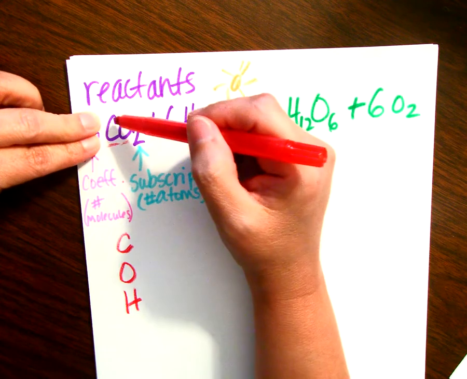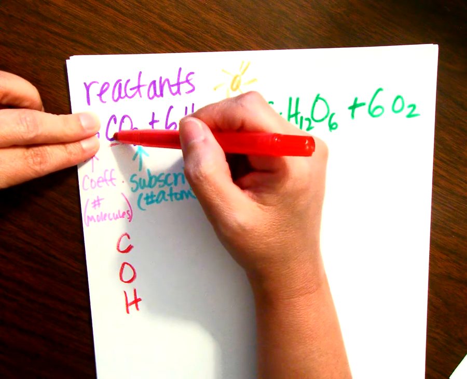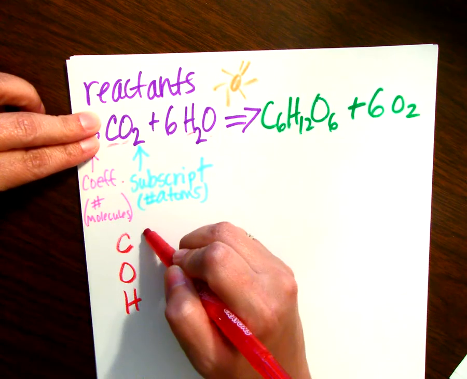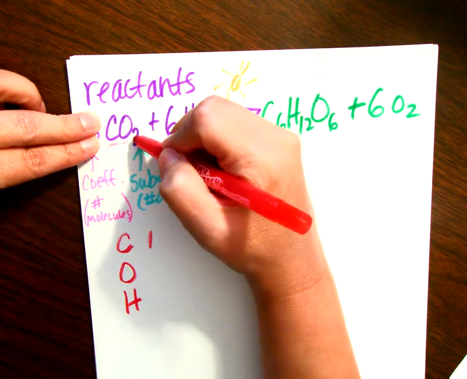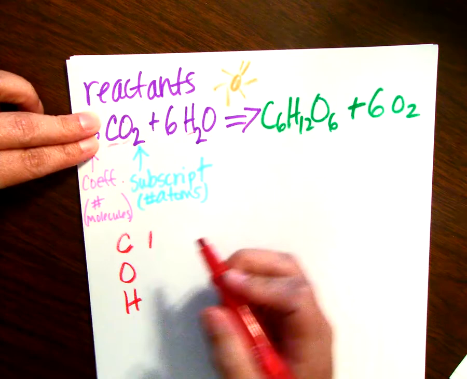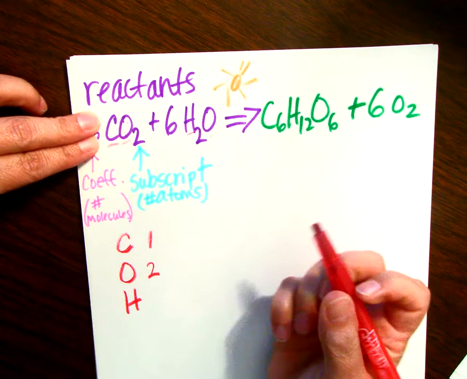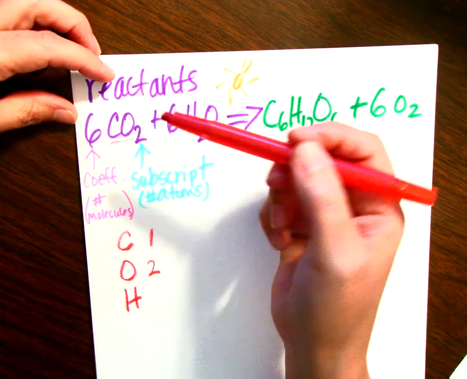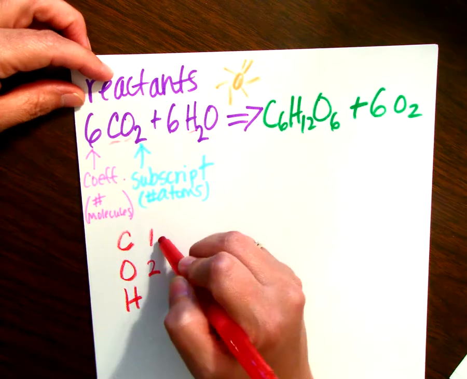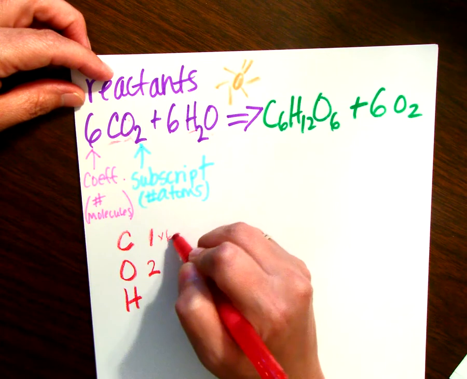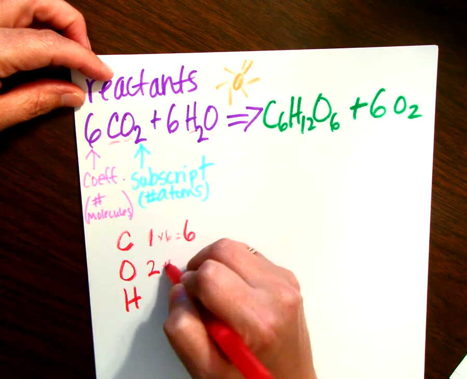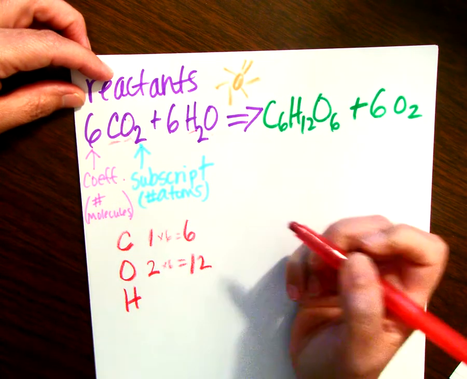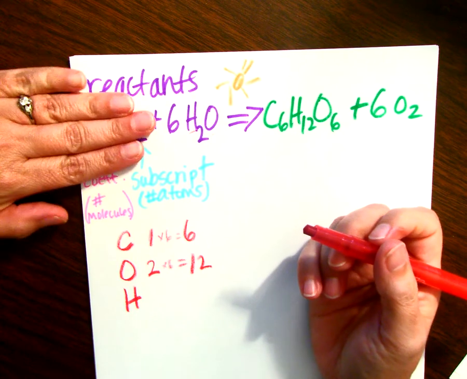We have 1 carbon atom, 2 oxygen. Okay, now let's look at the coefficient. So we have 6 of these molecules. So let's multiply these by 6. So we have 6 carbon, 12 oxygen. Okay, so that's that one.